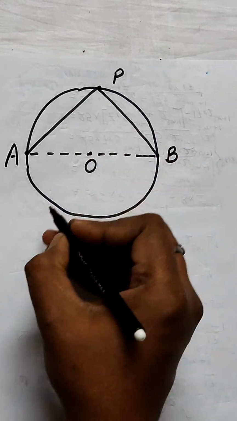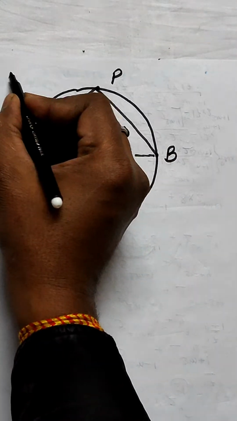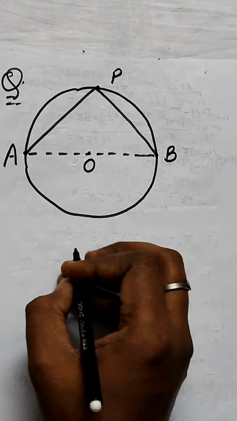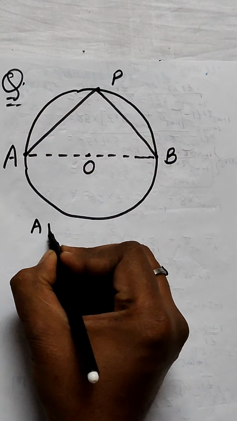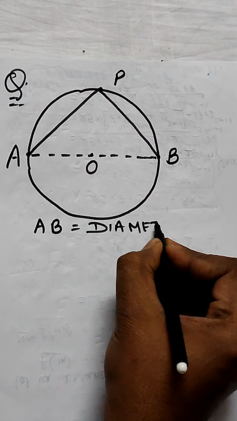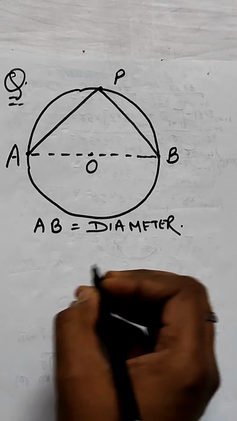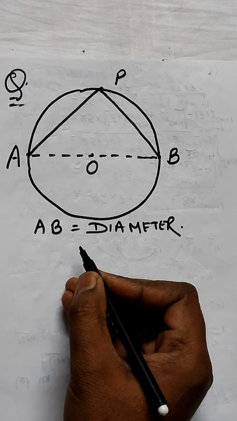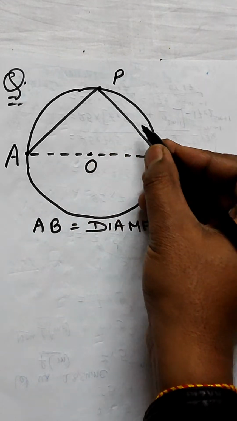Now, the data given in this question is that AB equals the diameter, and another data which is given is AP equal to PB.